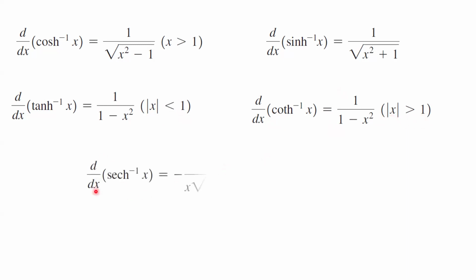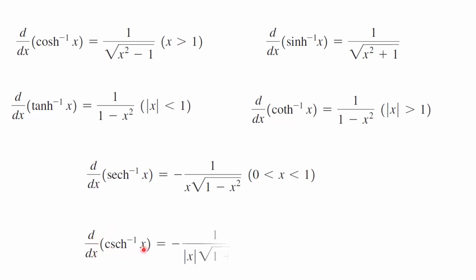We can in turn find the derivative of inverse hyperbolic secant, which is negative 1 divided by x times square root of 1 minus x squared, where x is bounded between 0 and 1. And finally, the derivative of inverse hyperbolic cosecant is negative 1 over absolute value of x times square root of 1 plus x squared.